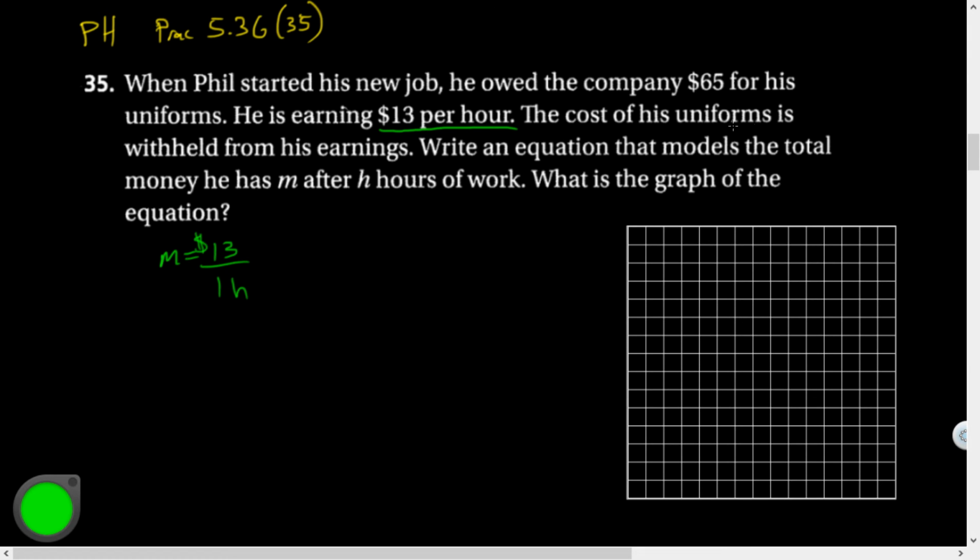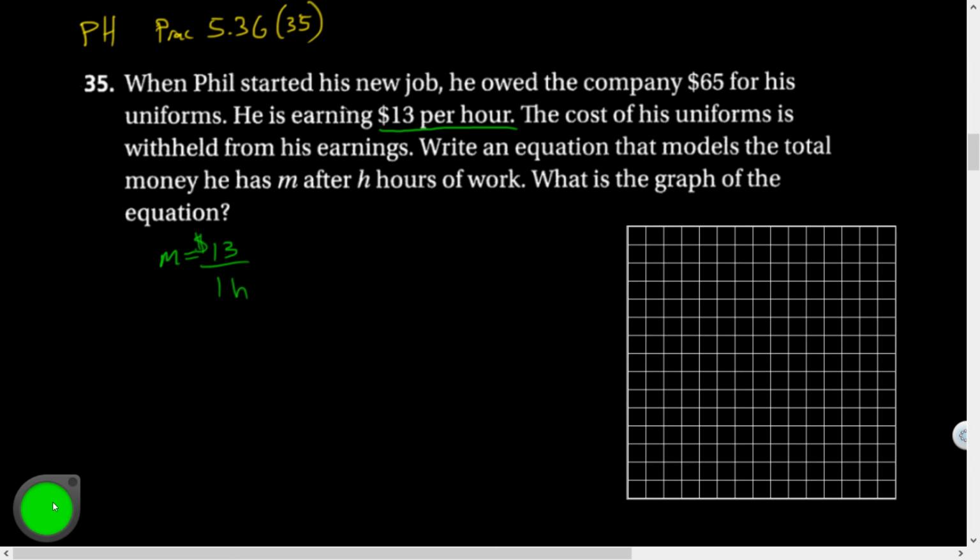It says the cost of his uniforms is withheld from his earnings. Write an equation that models the total money he has. M is the money. Okay, so I guess that's a little bit tricky because I used M for slope. M, the money he has, after H hours of work. What is the graph of the equation?